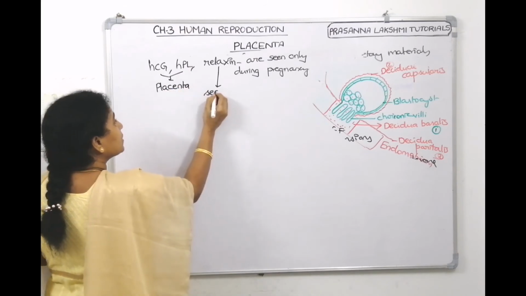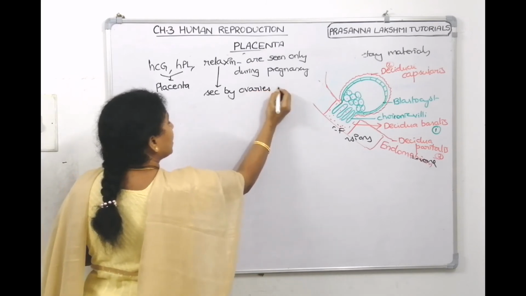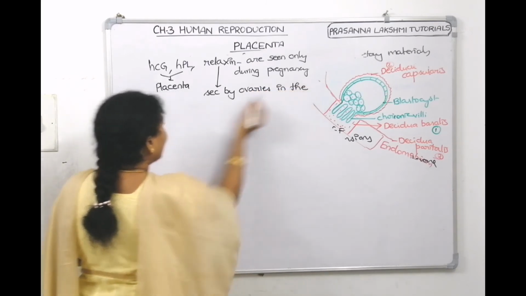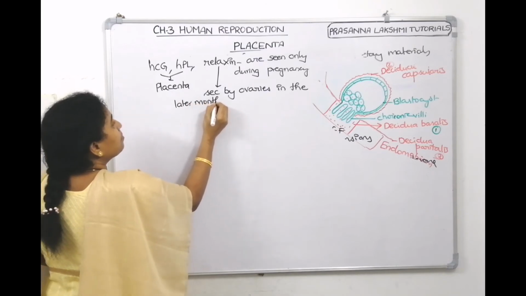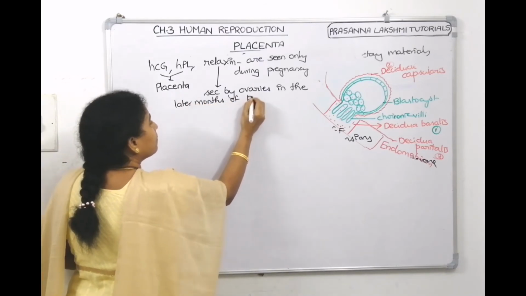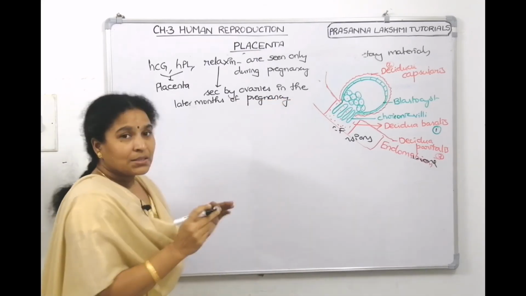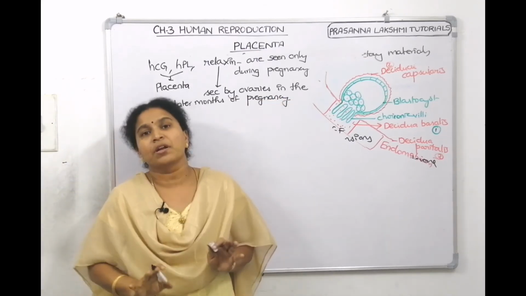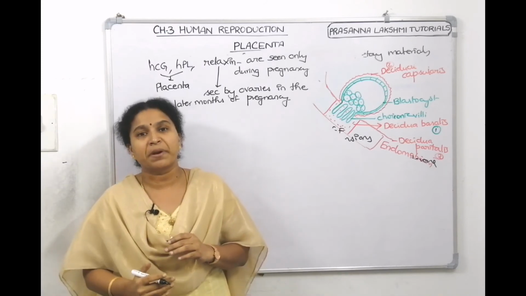Relaxin is secreted by the ovaries in the last months of pregnancy. These three hormones are seen only during pregnancy, whereas the other hormones are increased during pregnancy.